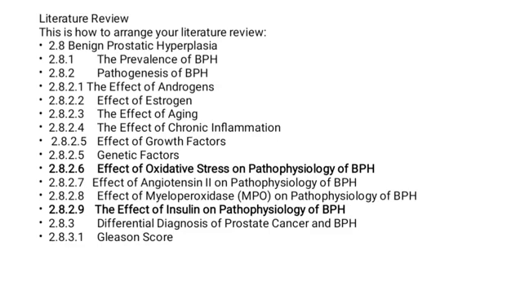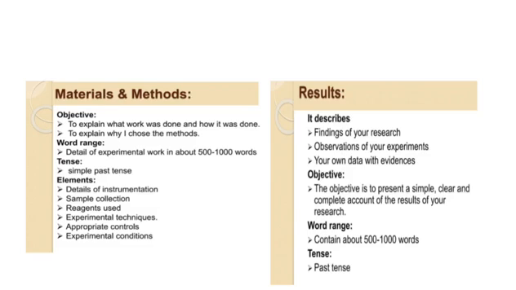Then you see, after the literature review, you now go into materials and methods. Materials and methods has to do with stating how you did your project, how you carried out the research, the materials you used, and how you carried out the laboratory investigation.